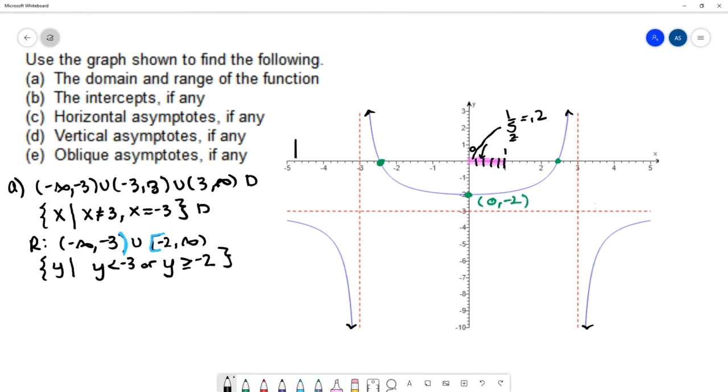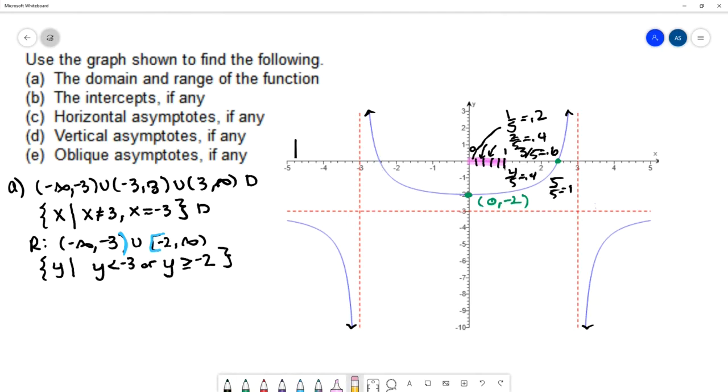This is 2 out of 5, which is 0.4. 3 out of 5 would be 0.6. 4 out of 5 would be 0.8, and 5 out of 5 would give me 1. So that's how we need to think about those tick marks.